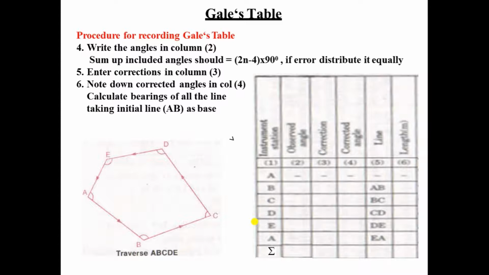As per the fourth point, we put the angles in column 2, and we put the sum of included angles at the last point for error checking purposes. After that, we enter the correction in column 3. We put the corrected angle in column number 4.